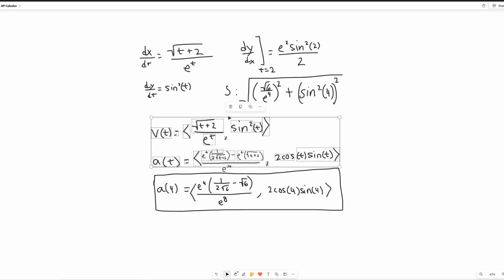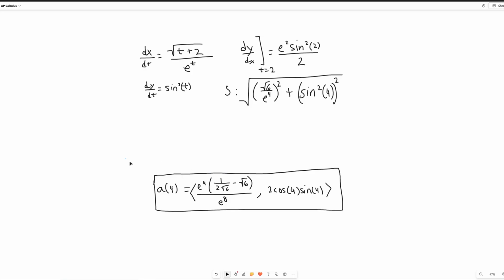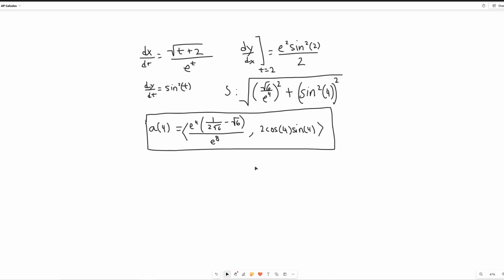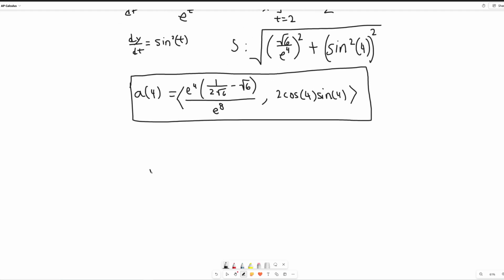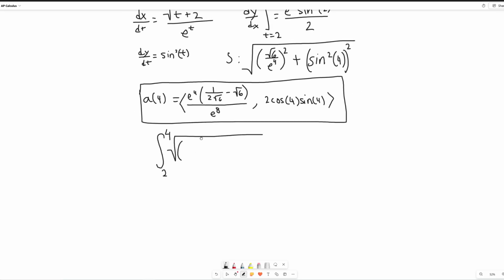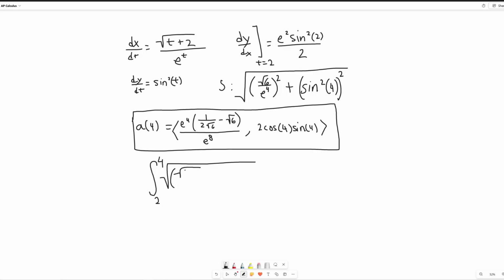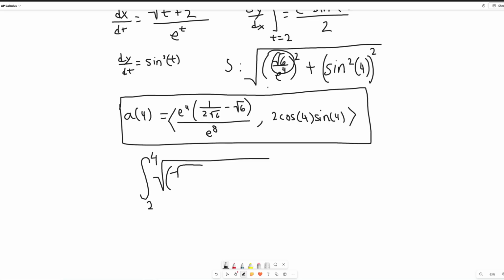Finally, it is asking for the distance between t equals 2 and t equals 4. So we are just going to integrate the speed from 2 to 4. Square root of dx dt squared. So this time, we don't want to plug in our t equals 4 like we did up here.